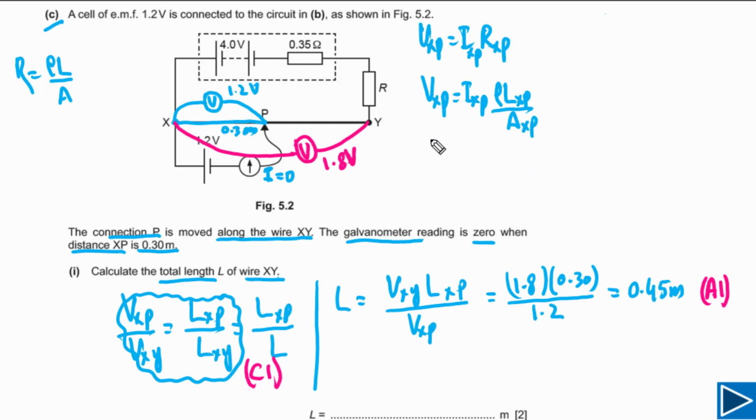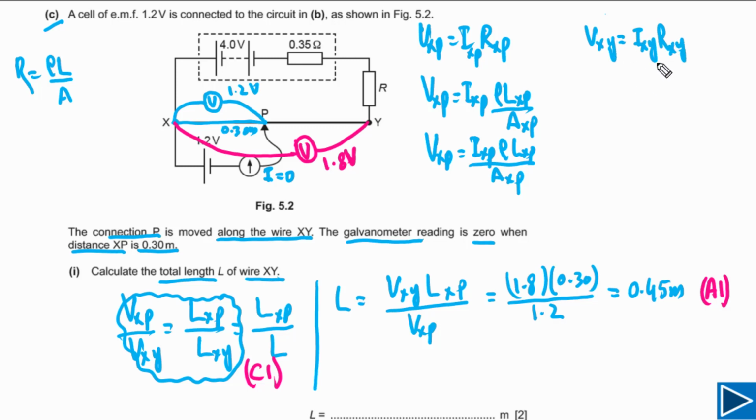And we can simply write down VXP in this case. This is equal to IXP times rho times LXP, and this is divided by AXP. So this is how we can write down VXP. We can also follow the same procedure for VXY. For VXY, we can say this is equal to IXY times resistance of wire XY.